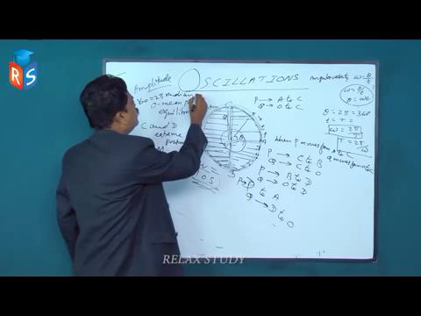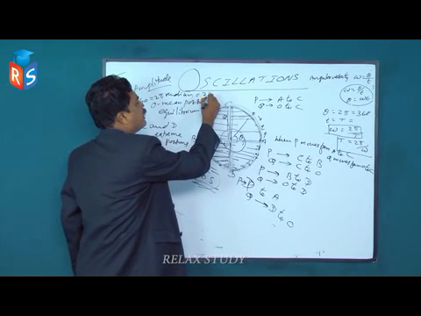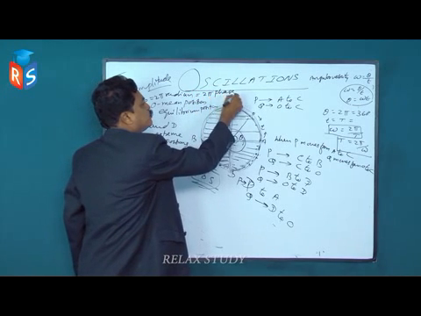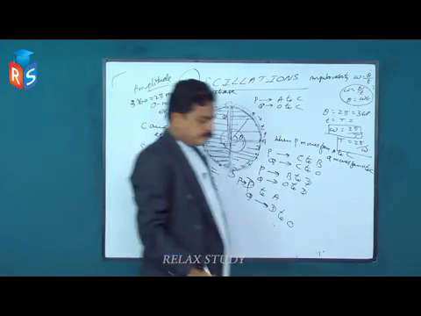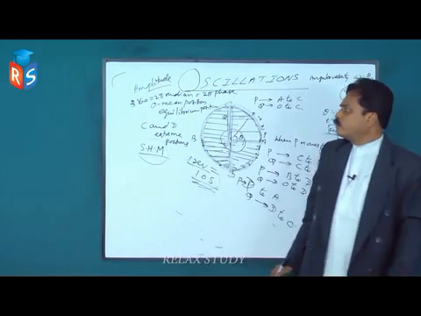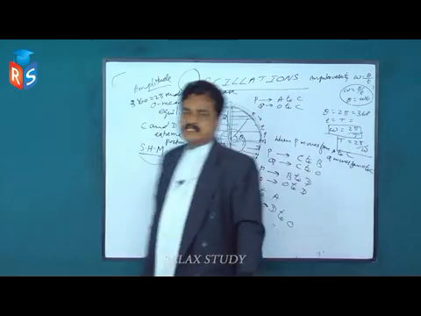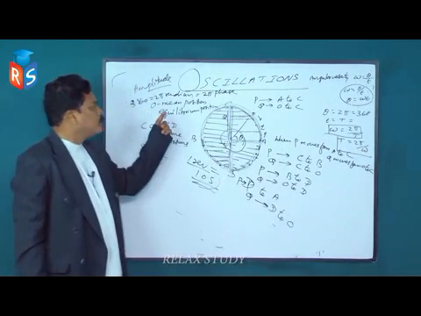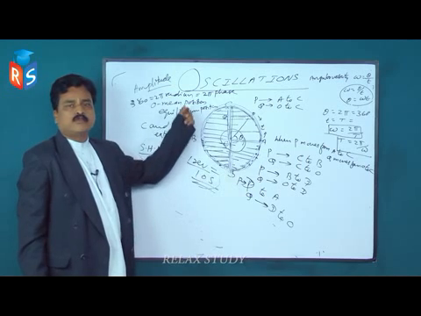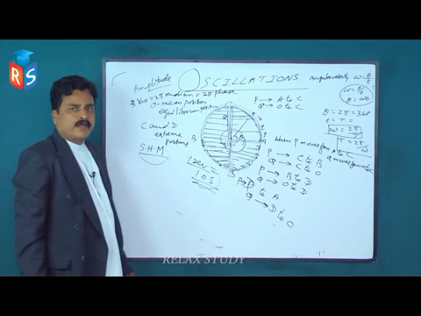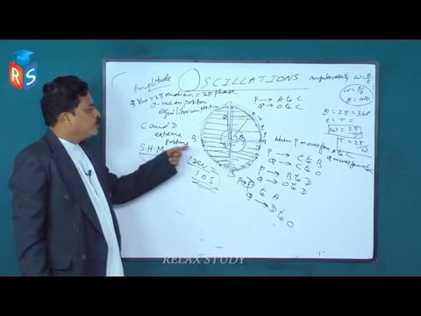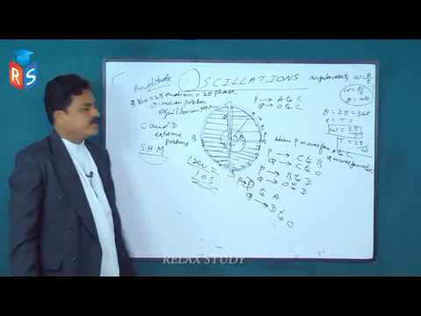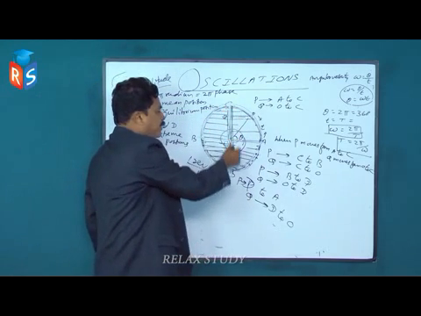This is a phase of 2 pi. The angle covered for one oscillation, that is 360 degree or 2 pi radian, that is 2 pi phase angle.